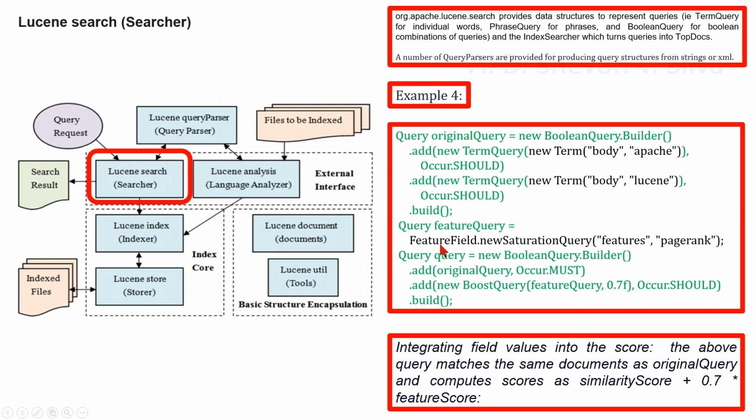Here the newSaturationQuery returns a new query that will score documents as weight multiplied by the feature value, and a reasonably good default pivot value is computed based on index statistics and is approximately equal to the geometric mean of all values that exist in the index.